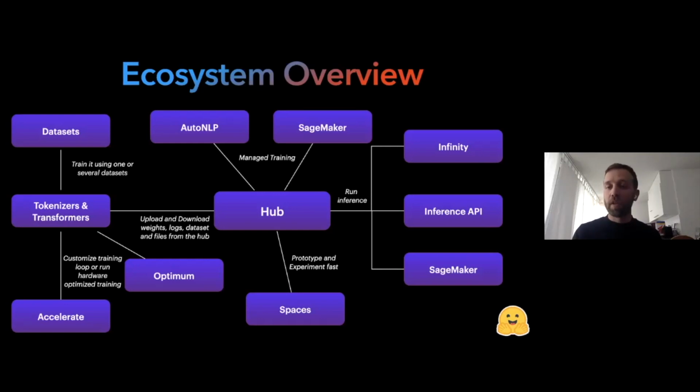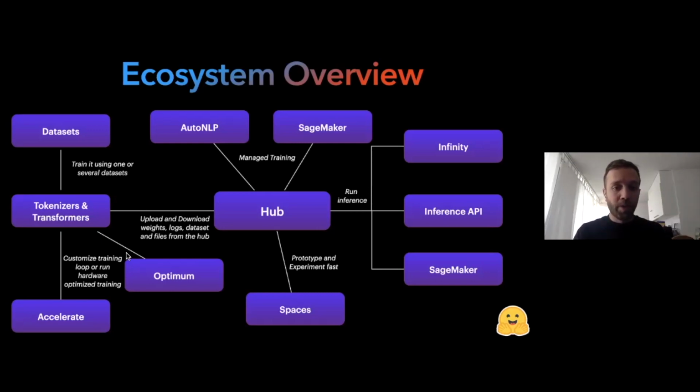It's a product that you can buy and then deploy on premise to have really fast inference. We're also hosting inference on the hub. So if you upload a model to the hub, you can use it through the inference API without needing to worry about scaling or hosting. And the same thing on AWS with SageMaker, where you can also host your models.